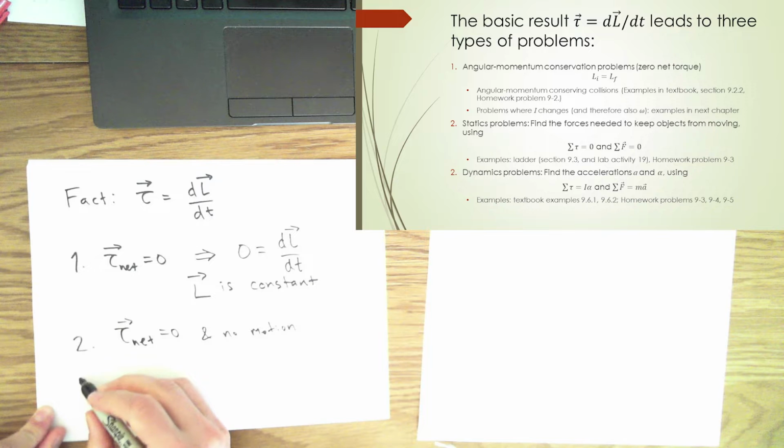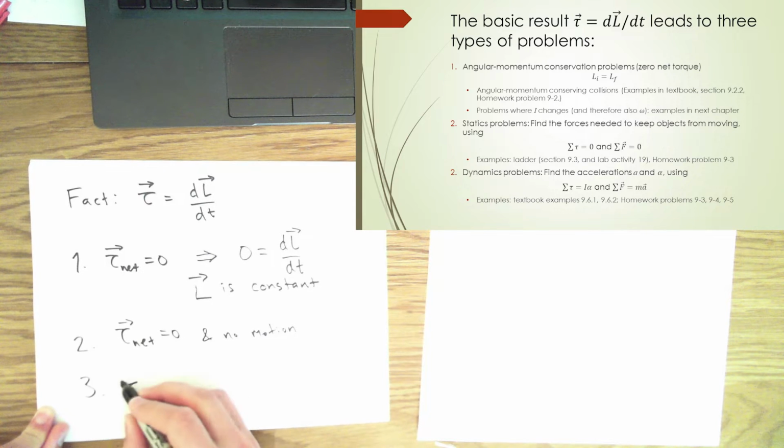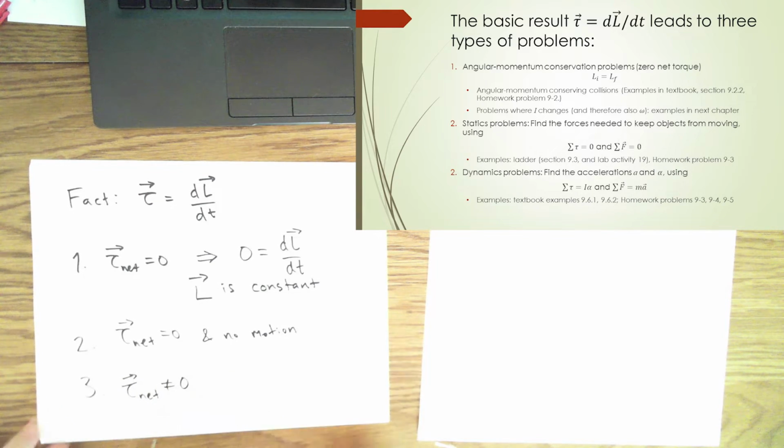And then a third type of problem is when there is a non-zero net torque. Unlike these cases, in case number 3 the net torque is not 0. If that's the case, then you will have some angular acceleration.